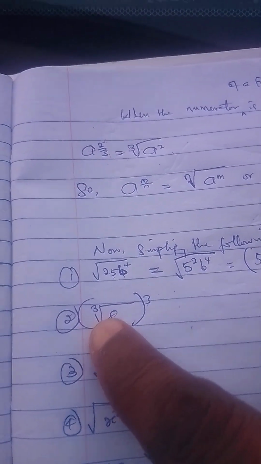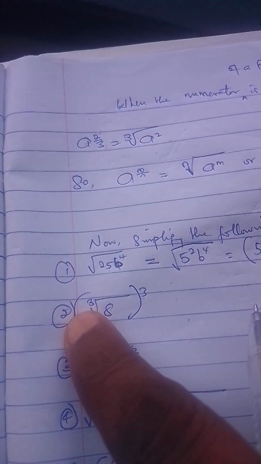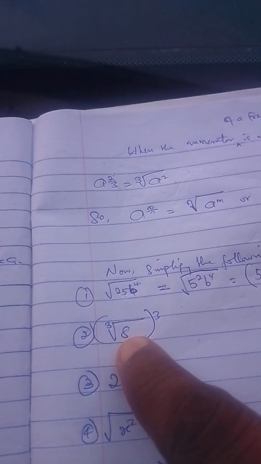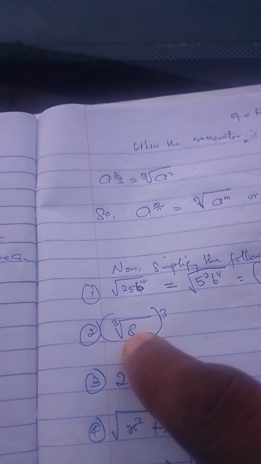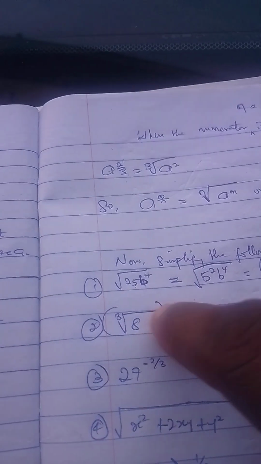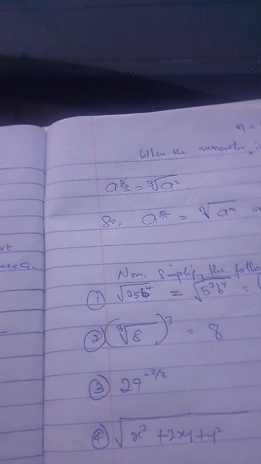Here, this is a power and this is a power. This is a root, but if you notice, this is existing as 8. This can also go as 2 raised to power 3. But since this is already a power, I can use this to eliminate this to leave my answer as 8.